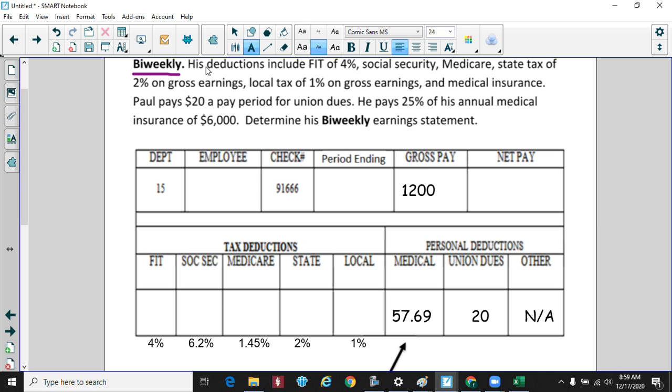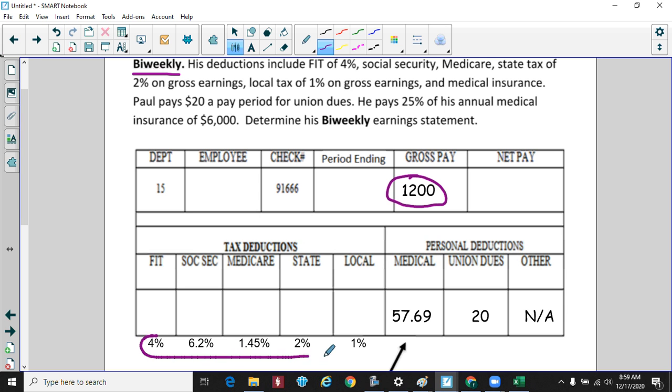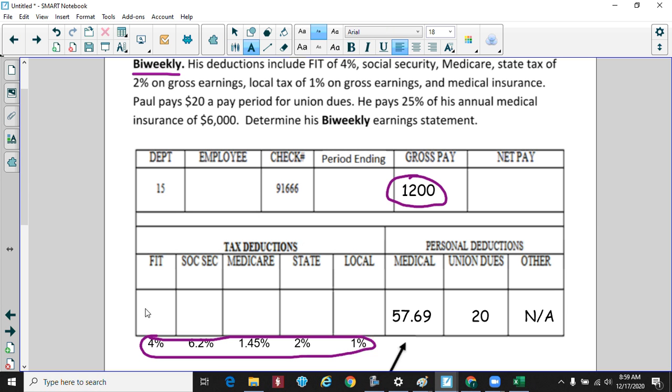Now, from this point on, very simply, we're going to take the gross pay and multiply it by all of these percentages, okay, just like we did last time. So the FIT, the federal income tax, what he's paying to Washington, is 48 straight dollars. Social Security, $74.40. Medicare is $17.40. State is a clean $24, and local is a clean $12.